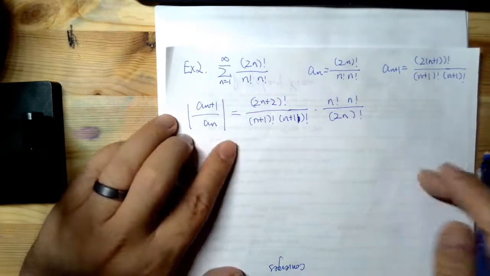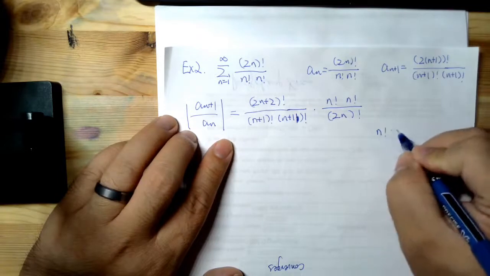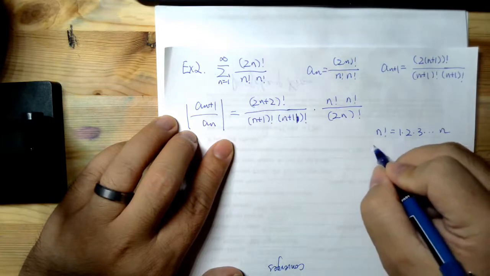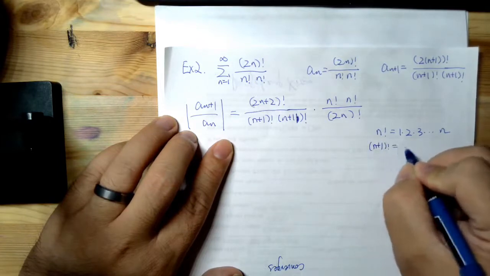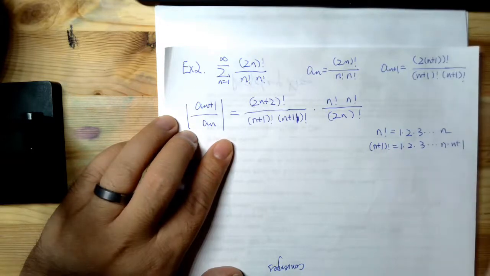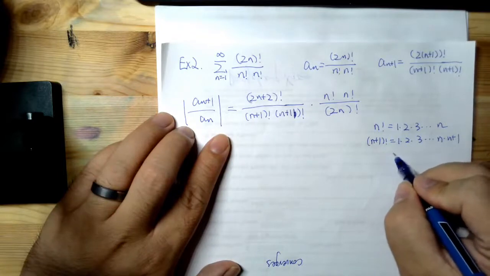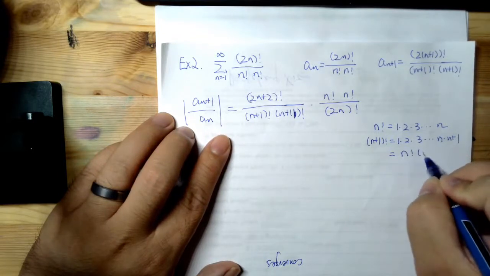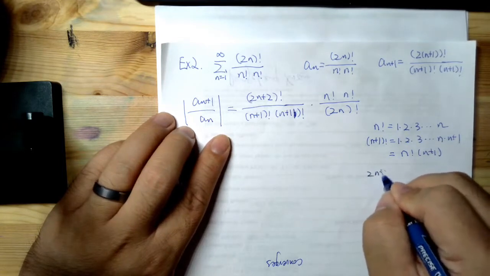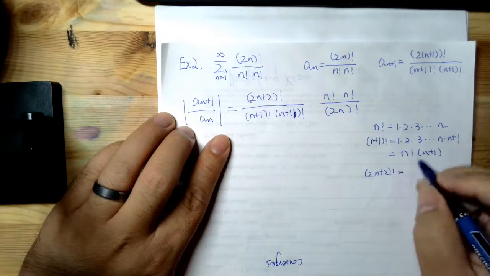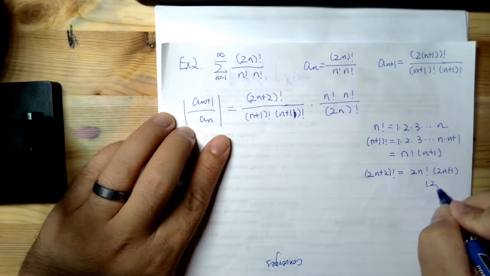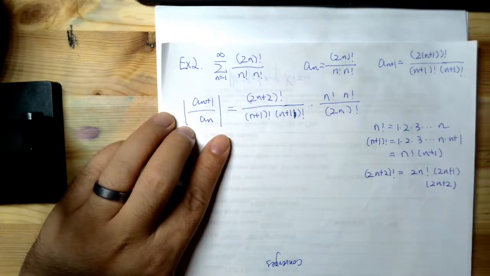As we know, n factorial is 1 times 2 times 3 up to n. So (n plus 1) factorial is 1 times 2 times 3 up to n and then n plus 1. In other words, (n plus 1) factorial equals n factorial times (n plus 1). And similarly, (2n plus 2) factorial equals (2n) factorial times (2n plus 1), and then times (2n plus 2). Okay.